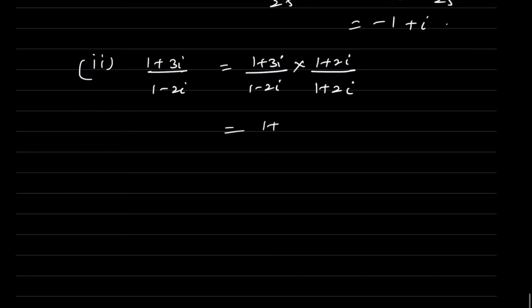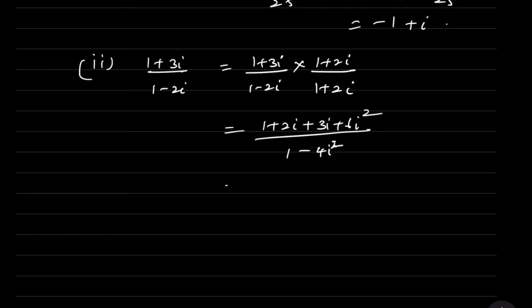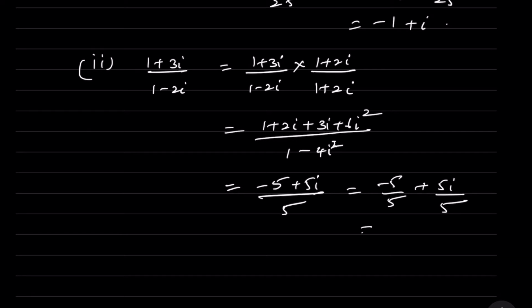So which is equal to 1 plus 2i plus 3i plus 6i square divided by 1 minus 4i square. So next this is equal to 1 minus 6, which is minus 5, plus 5i divided by 5, which is equal to minus 5 by 5 plus 5i by 5, which is equal to minus 1 plus i is the answer.